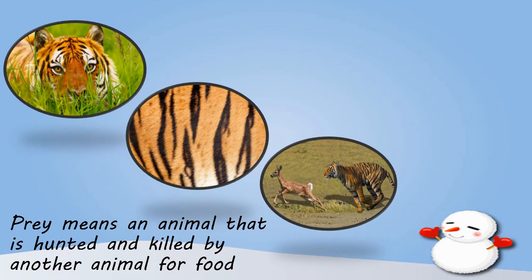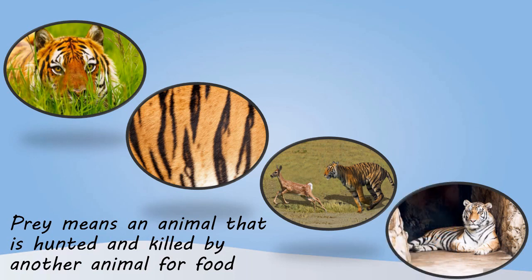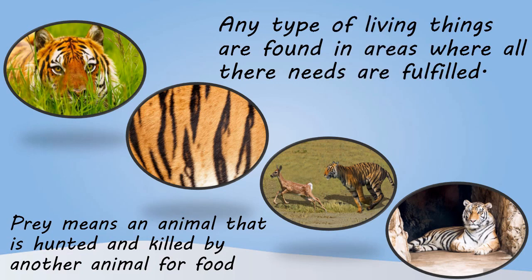There must be hills and mountains so that the tiger can find caves for shelter for themselves. So this example shows us that any type of living things are found in areas where all the needs are fulfilled.